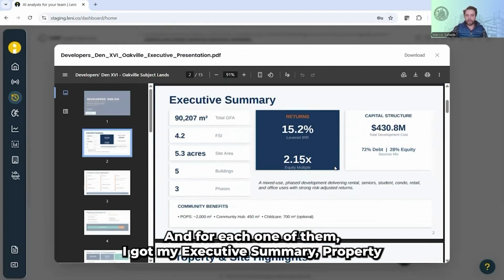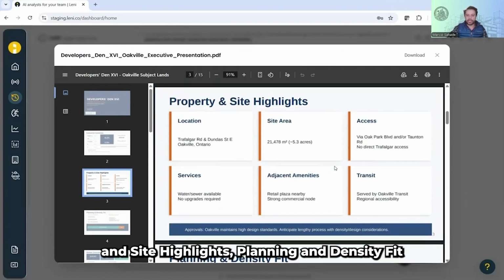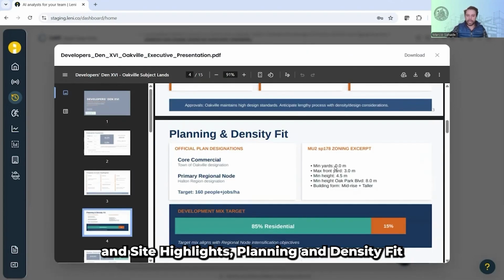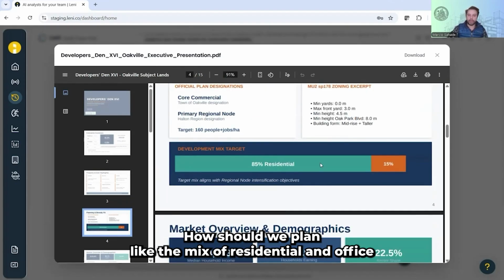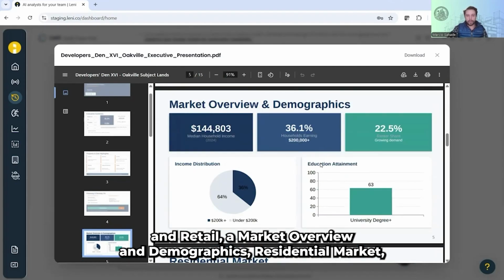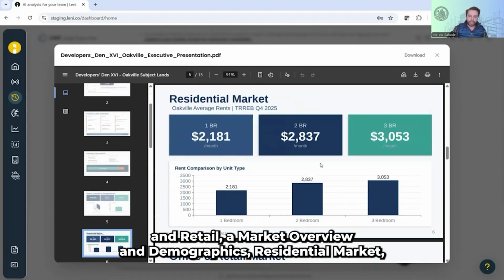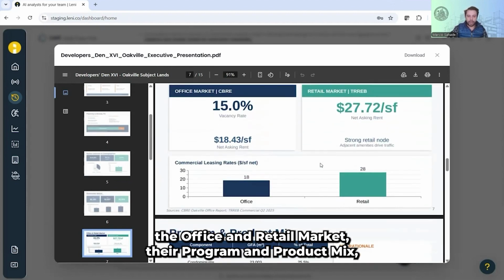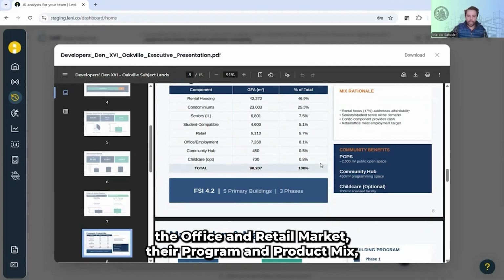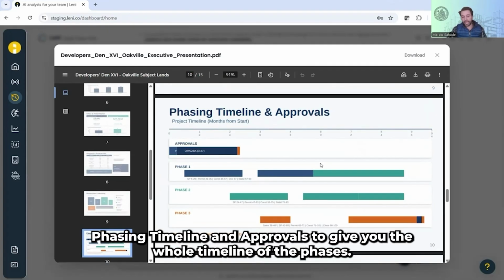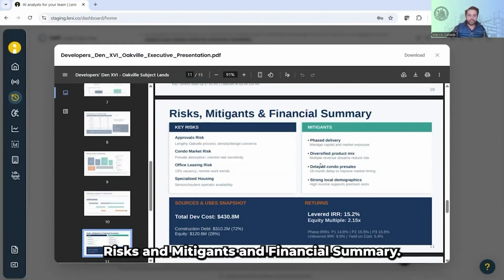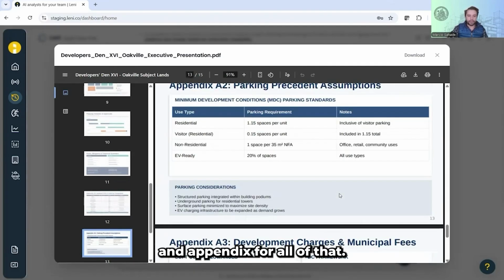And for each one of them, I got my executive summary, property and site highlights, planning and density fit, how it should be planned, like the mix of residential, office and retail, a market overview and demographics, the residential market, the office and retail market, program and product mix, master plan and massing, phasing timeline and approvals. It gave me the whole timeline of the phases, risks and mitigants, and a financial summary. Okay, the sources of capital and uses, and some appendix for all of that.